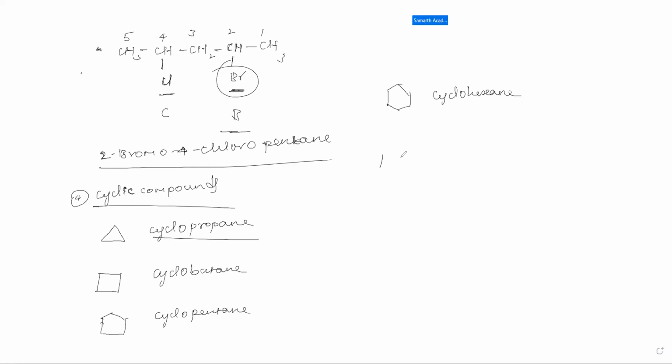If any substituent group is present on these cyclic structures, at that time you have to use a secondary prefix and a primary prefix. What is the secondary prefix and primary prefix? This is methyl, so that is methyl cyclo.